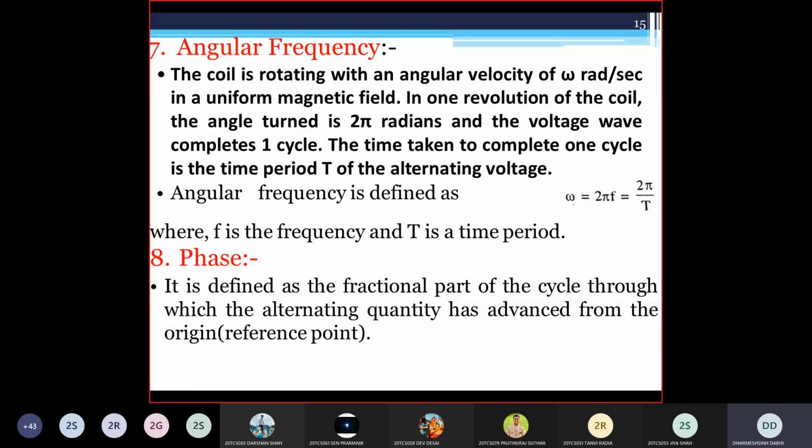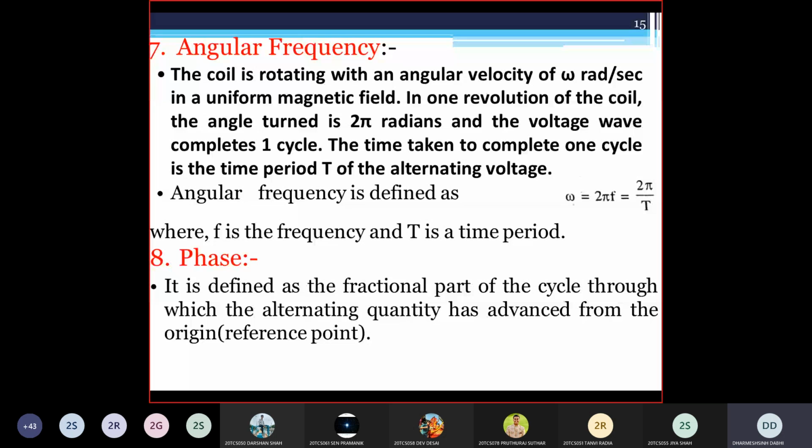Now the next definition is phase. Phase is defined as the fractional part of the cycle through which the alternating quantity has advanced from its original point. Clear? As you know, we generally draw the waveform starting from the zero value. But it may be possible that some waveforms start from the maximum value also, and then after some time it becomes zero.